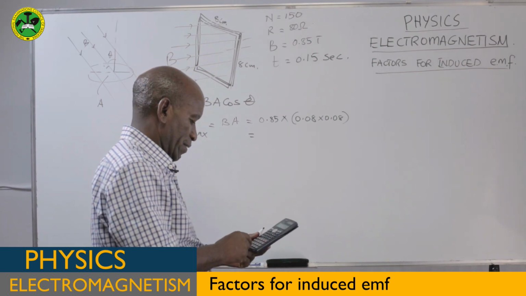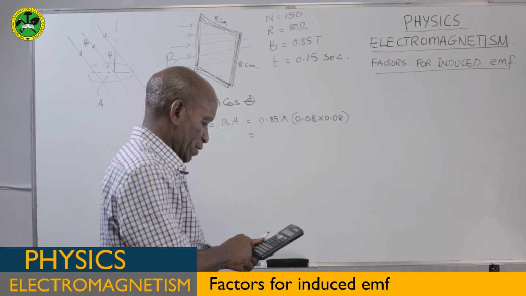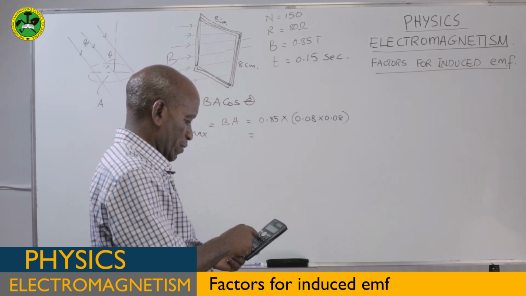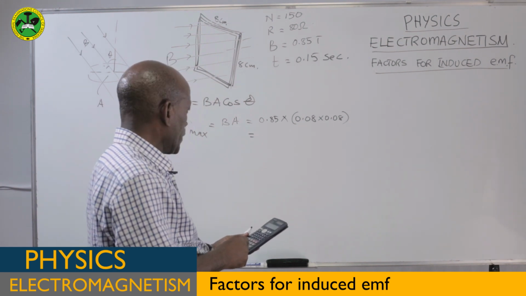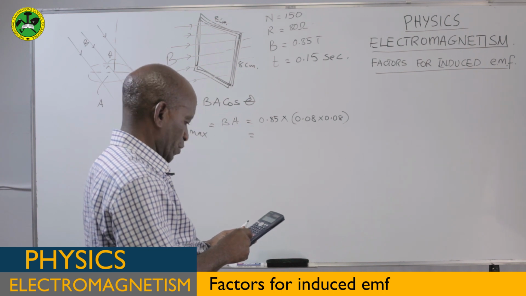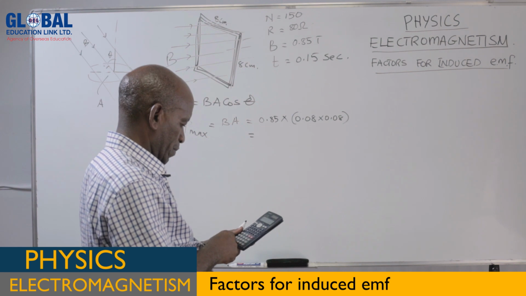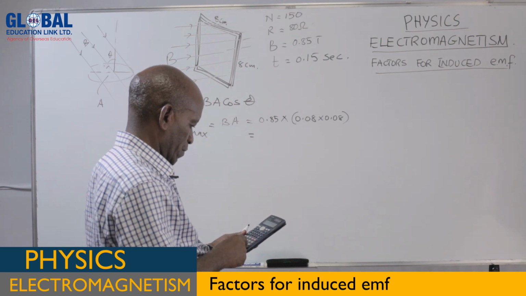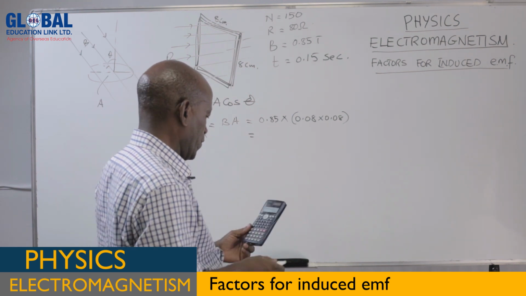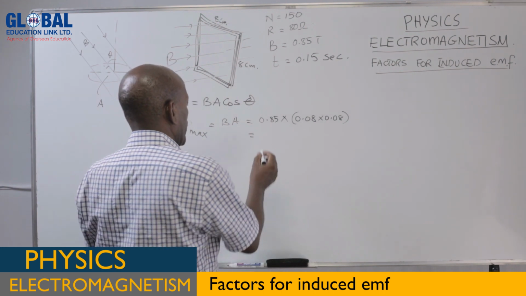If we multiply 0.08 times 0.08 times 0.85, that is equal to 5.44 times 10 power negative 3.